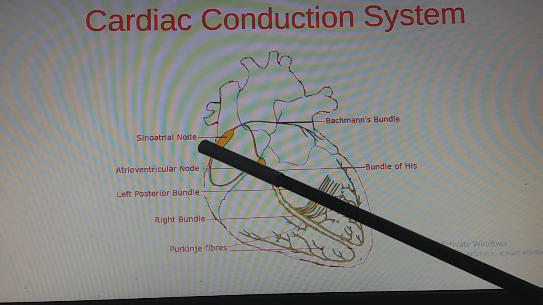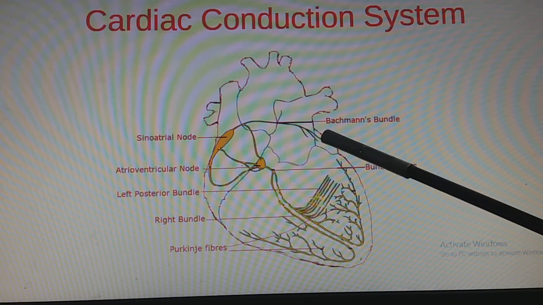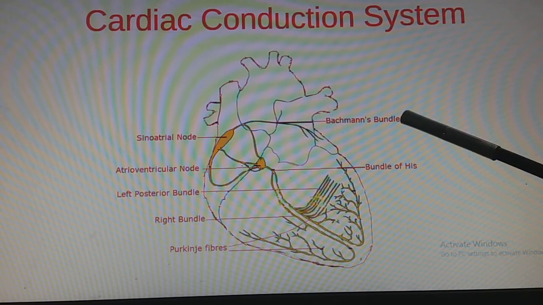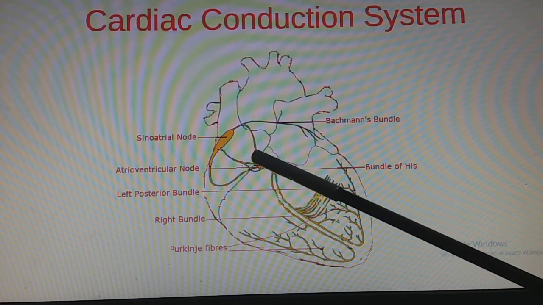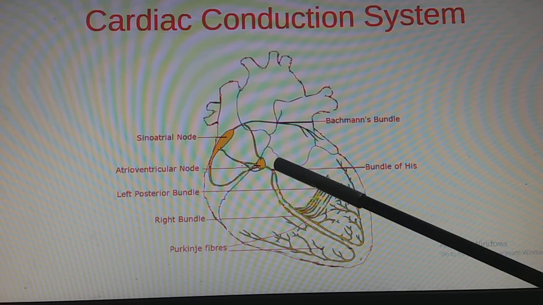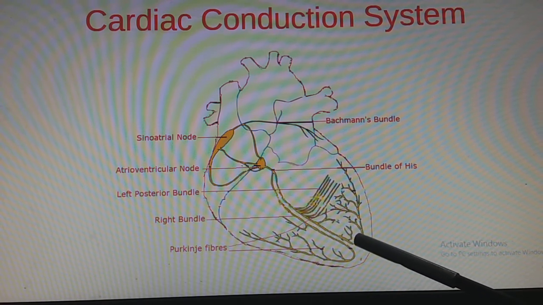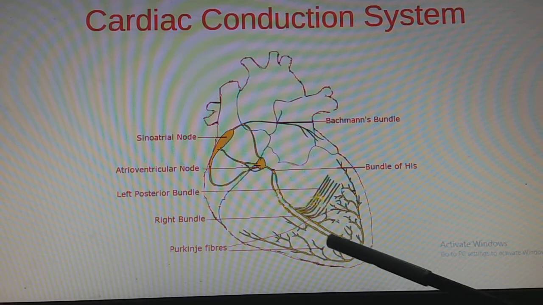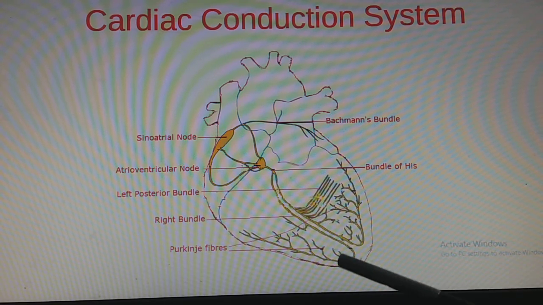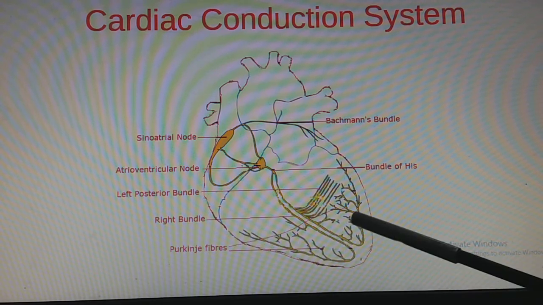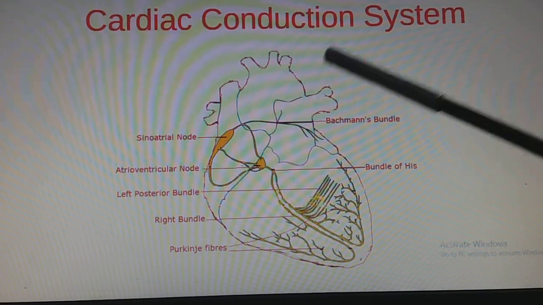The sinoatrial node continues a branch to the left atrium, that is called Bachmann's bundle. Now the AV node continues and bifurcates to the bundle of His. Then the bundle of His branches into the Purkinje fibers.